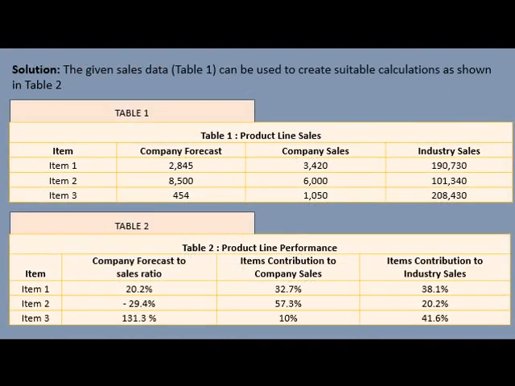In order to analyze the data provided in the table, we need to perform suitable calculation and create Table 2 for understanding product line performance. Table 2 consists of calculating company forecast to sales ratio for each item, calculating each item's contribution to overall company sales and also calculating each item's contribution to total industry sales. Now, let's look at how these calculations are performed.